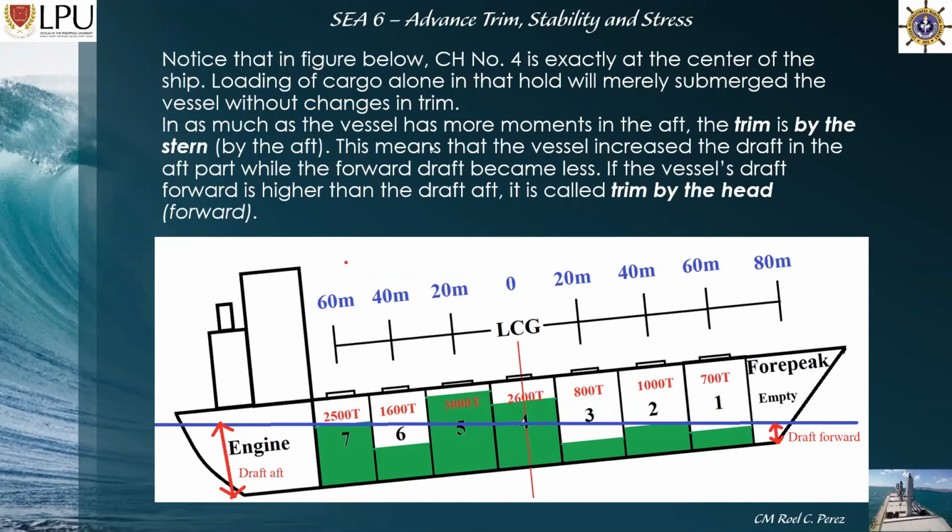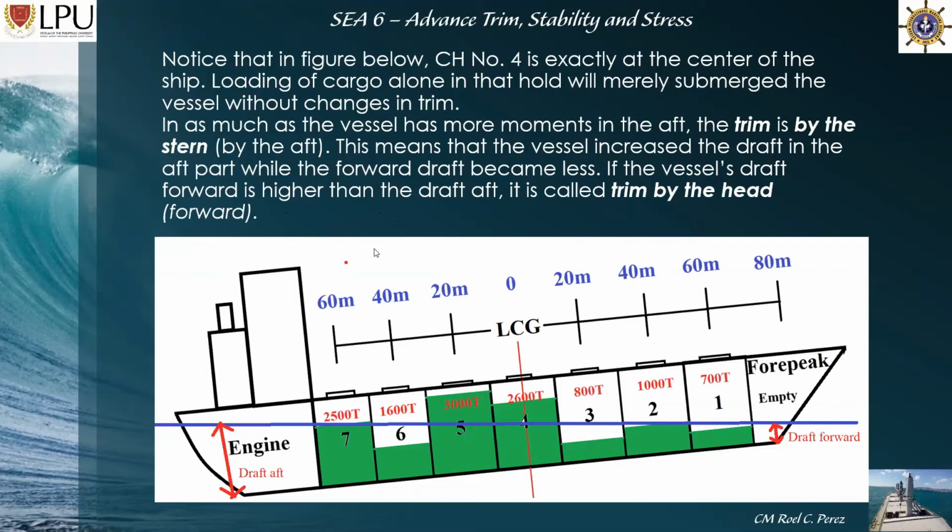In as much as the vessel has more moments in the aft, the trim is by the stern. This means that the vessel increased the draft in the aft part, while the forward part became less. If the vessel's draft forward is higher than the draft aft, it is called trim by the head, or trim forward.